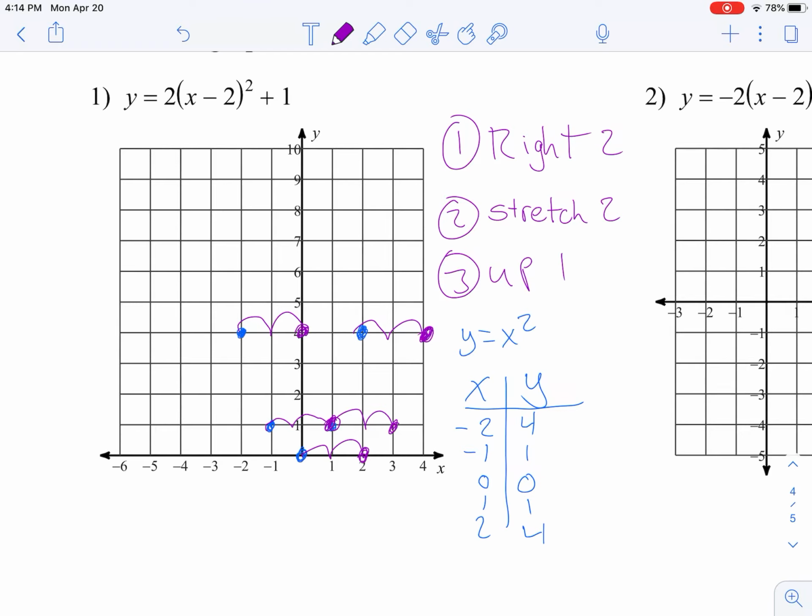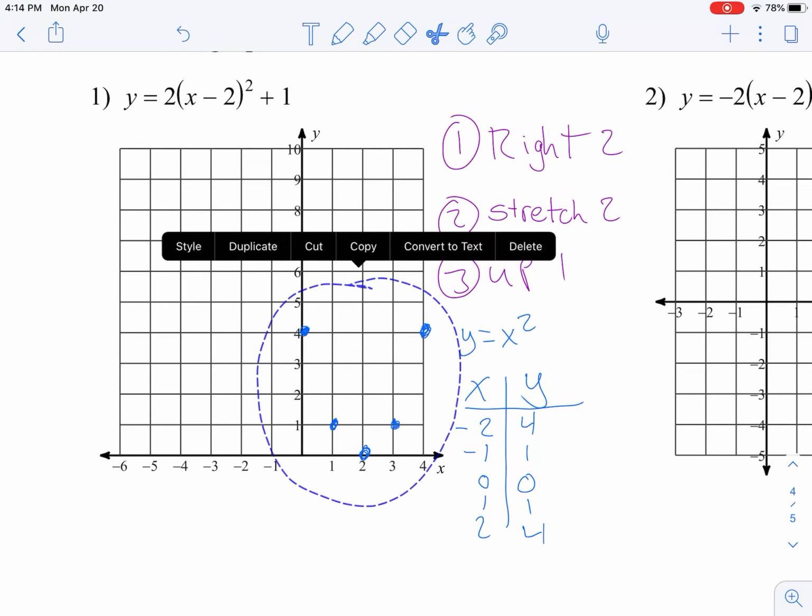Right 2 means all of my blue points moved right 2. In fact, I'm going to do something that might make it easier to see. I'm going to grab all of these points and slide them over right 1, 2. Pretty close. There we go.